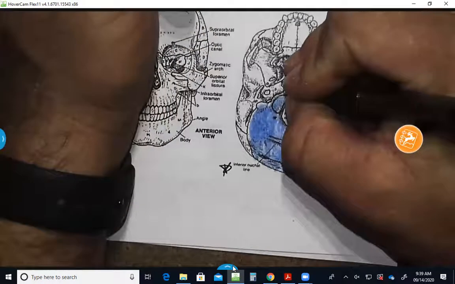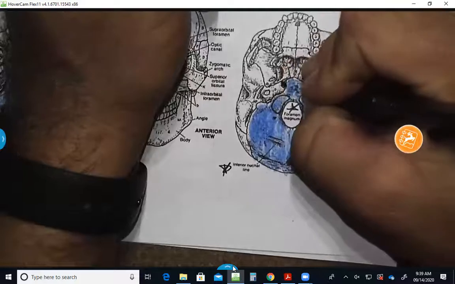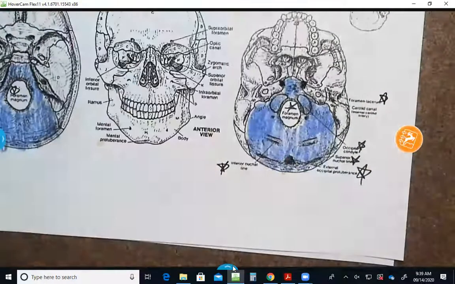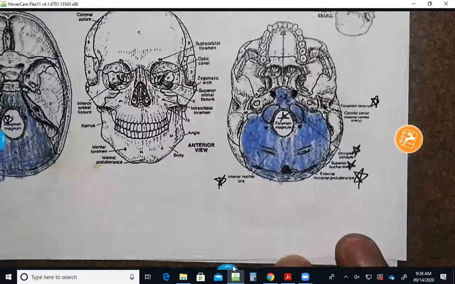Okay, and I'll blacken them in so they're more visible. Last structures are the foramen lacerum.